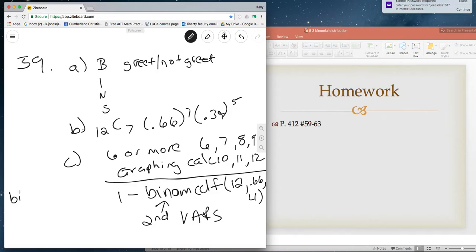Binomial CDF always gives you the or less, never the or more. And so C asks for or more, that's why I did 1 minus. If you remember when we talked about less is usually what our charts give us, and then when it's or more, we just have to subtract it from 100 to kind of flip it the other direction.